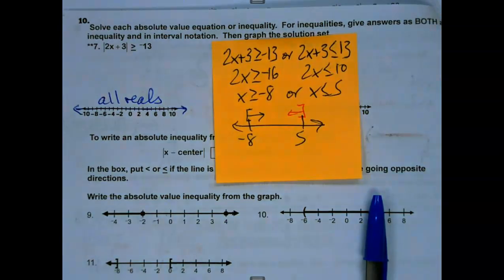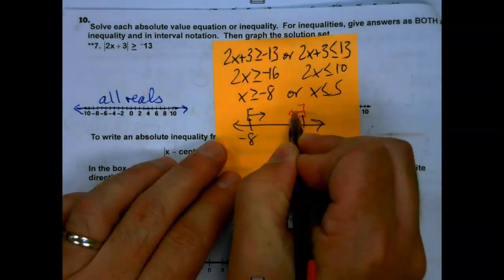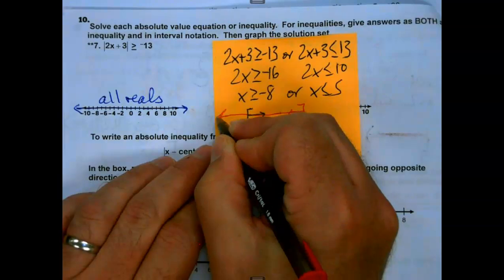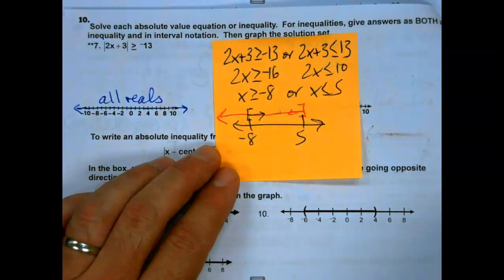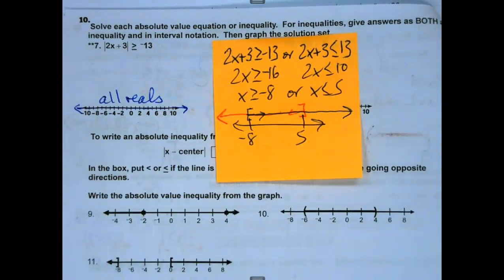You're like, wait a minute. How the heck is that true? Okay, because remember, ors are inclusive. This, as it comes this way, is going to go right through here and keep right on going. This is going to bust right through that endpoint and keep right on going.